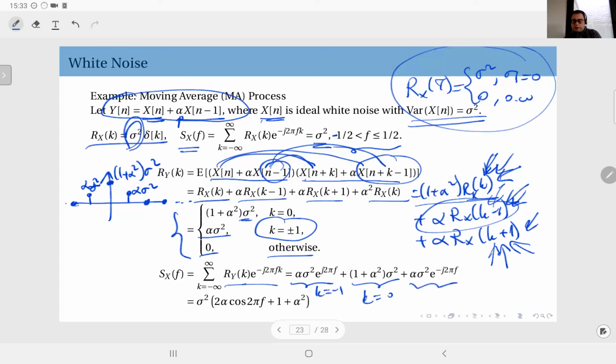And this term is for k equals 1: alpha times sigma square times e to the power minus j2 pi f times 1. If you arrange this, what you get is sigma square times 2 alpha cosine 2 pi f plus 1 plus alpha square. Here you should use the Euler identity to deal with these complex exponentials. But as you see, as expected, the PSD turns out to be a real function.